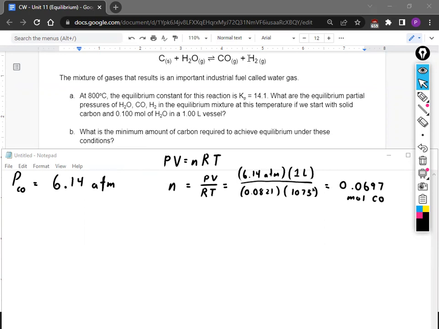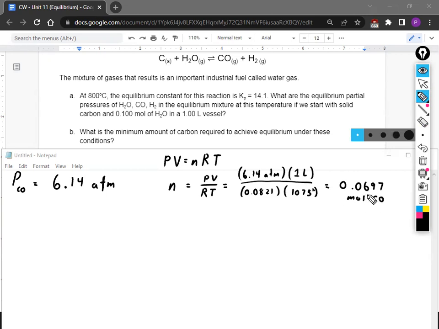We could also have picked the partial pressure of H2, but we could not have picked the final partial pressure of H2O, because what matters is how much of these gases we made, right? And so here we would have to look at the change, the difference in H2O. So you can still choose H2O, you would just have to be able to identify that we lost that amount of partial pressure for H2O, okay? So just keep that in mind.